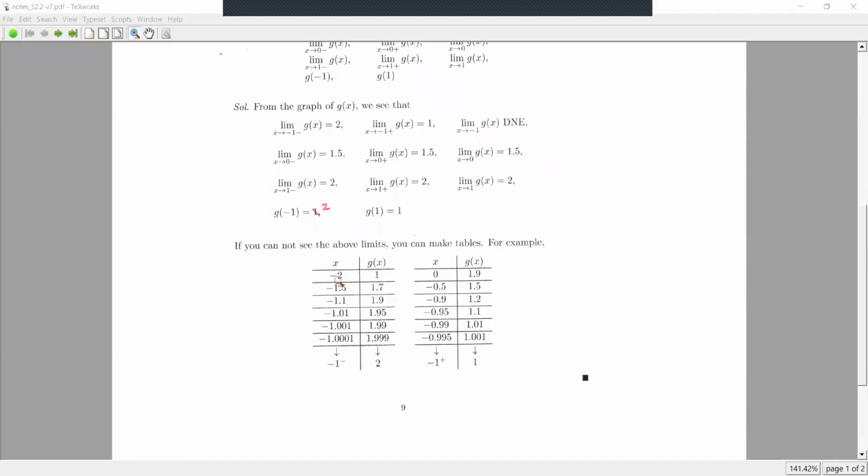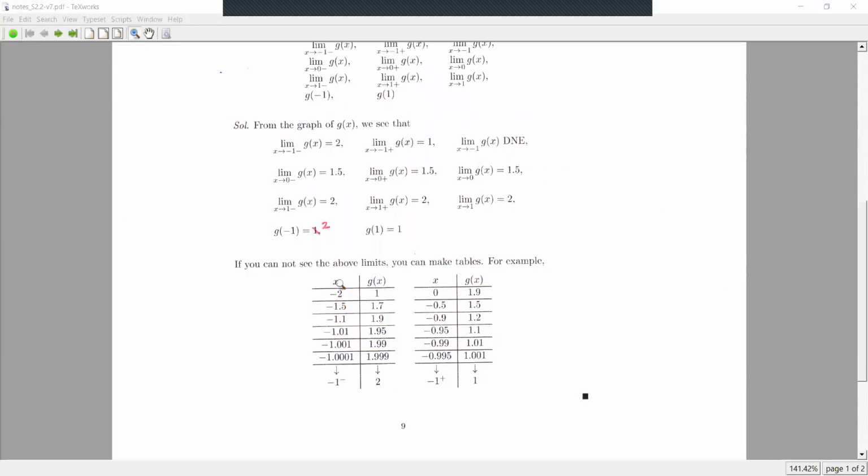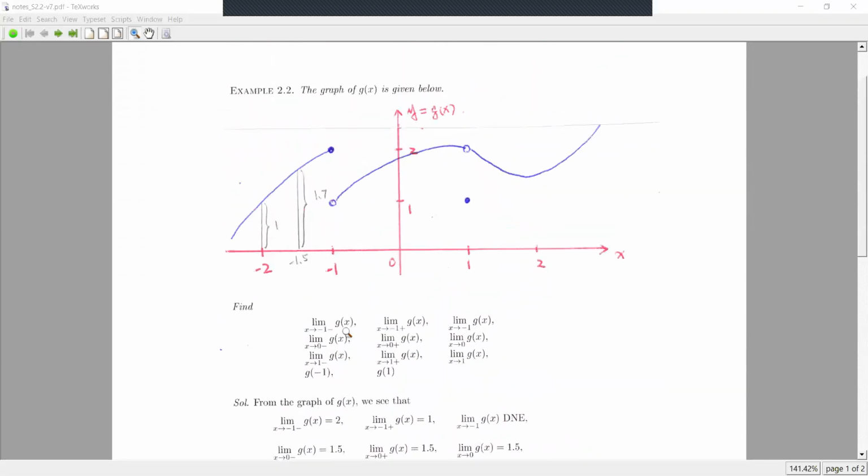When x is -2, here, x is -2 here. Then the function value at -2, or the value of the dependent variable y at -2, is the height of the graph at -2.